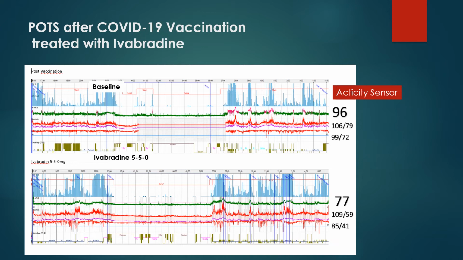She received ivabradine 2 times a day, and the heart rate dropped down to 70 beats per minute, and she recovered and has more activity during the day, in the evening, as well as in the morning, and the blood pressures remained normal.